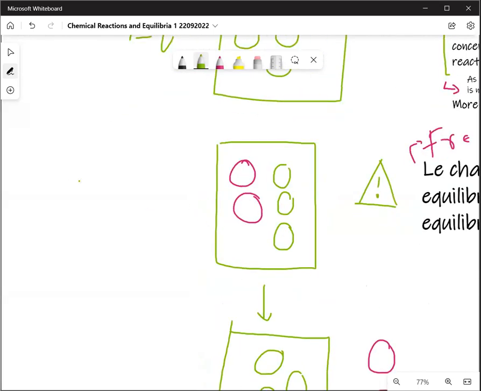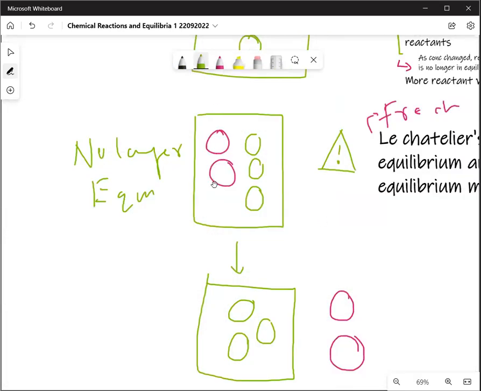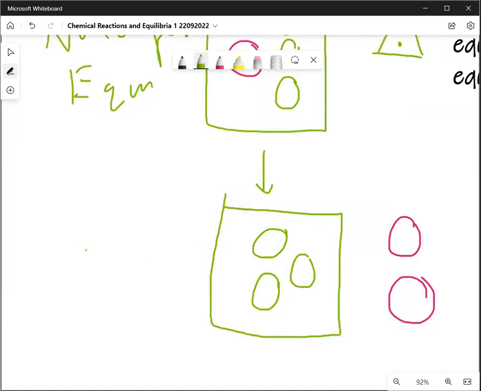But then if I increase it, no longer equilibrium. Why is it no longer equilibrium, Niranjana? Because they are not constant. Yes, because the concentration has increased. And how do I make it go back to constant? I'll have to reduce the particles, remove the extra stuff, whatever extra came. So we go back to equilibrium.